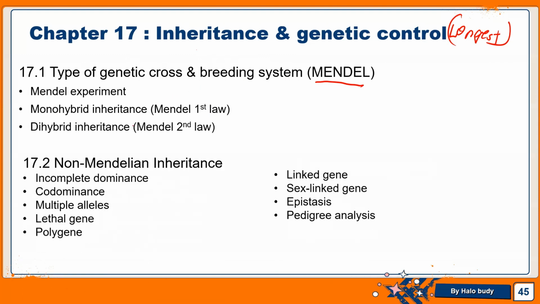Okay, then the second topic is one you have never learned. Most people will confuse this topic with the Mendel topic. Because in Mendel, if you know their genotype, like T, I consider gene T, capital T is tall and small t is short.